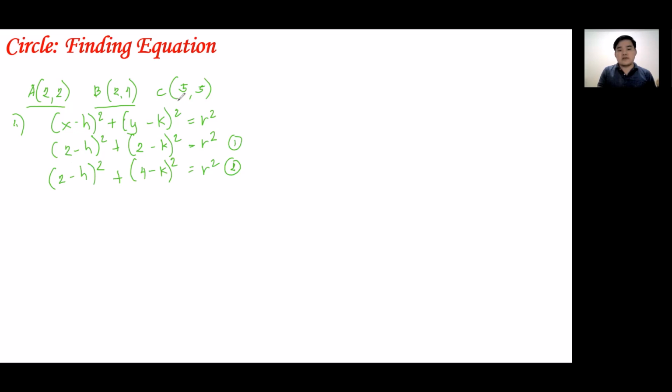In order to find our third equation, we get the point C, wherein our x is 5: (5 minus h) squared plus, again, our y coordinate is 5, (5 minus k) squared is equal to r squared. Take note, this is our third equation. So remember, on our step number 1, we have 3 equations.